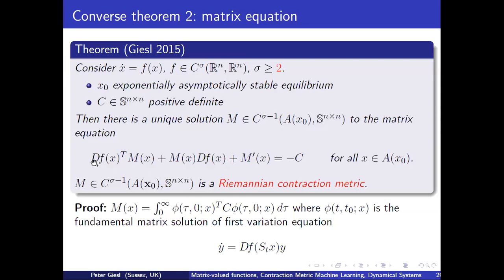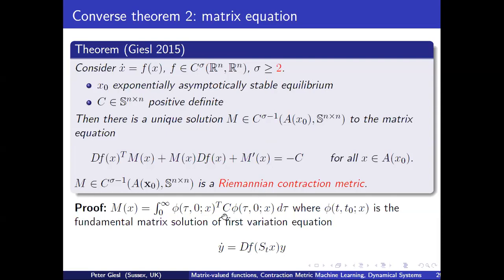As I said, it means that the Lm is negative, which you can see from here anyway, and that M itself is positive definite for each x. Have a little look at the smoothness. If f is C sigma, then M is C sigma minus 1. So we lose 1 degree of smoothness, and that's why sigma needs to be at least 2. So we have at least 1 here.